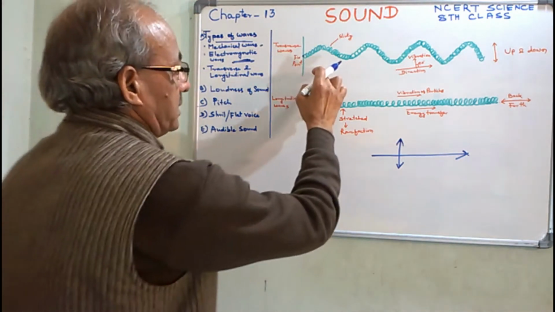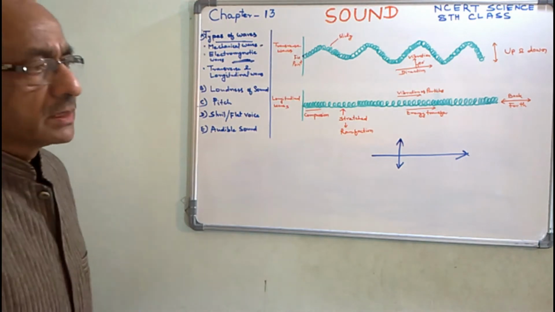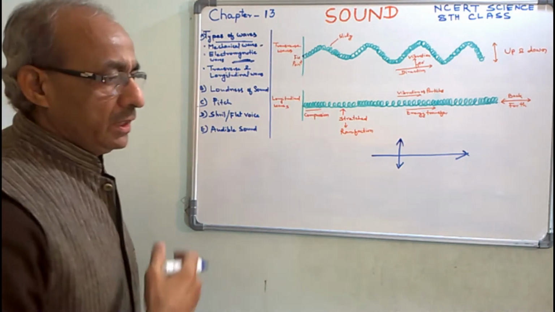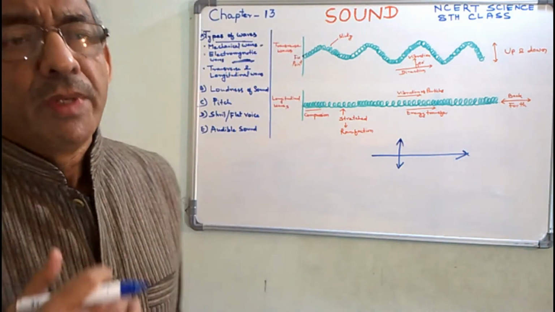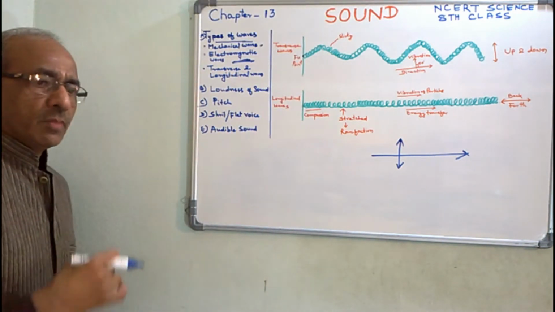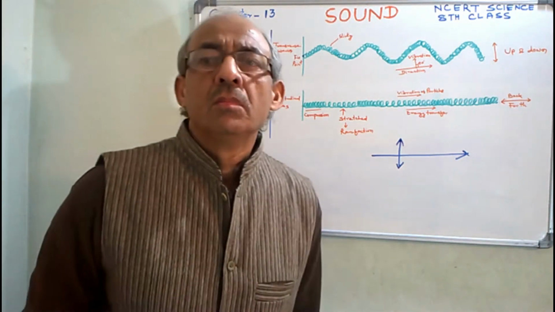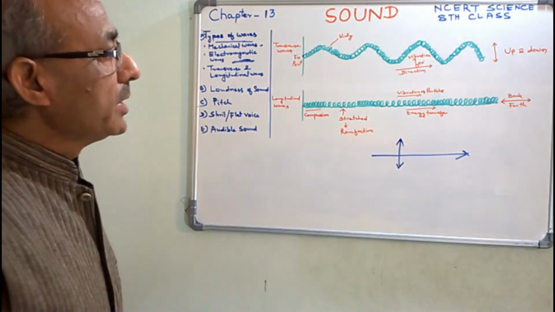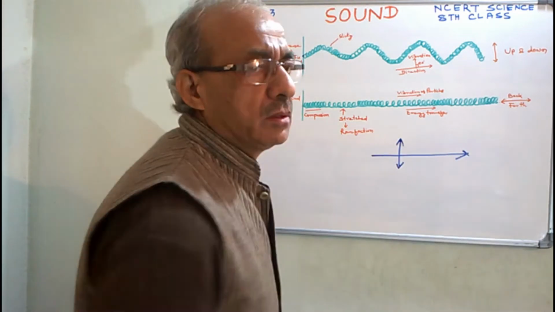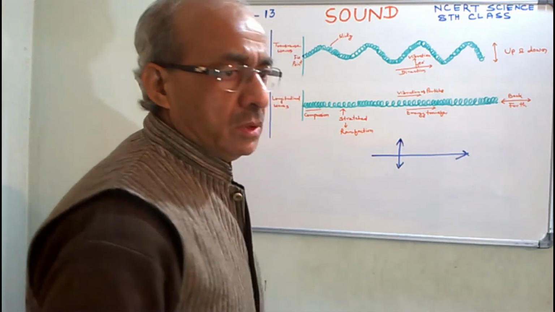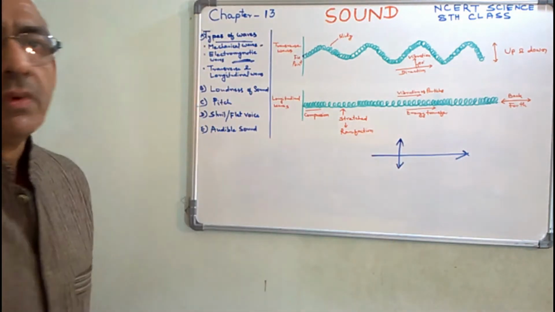So in this case, this is the example of transverse wave. Now we will define the transverse waves. In a transverse wave, the particles of the medium perform to and fro motion in perpendicular directions to the propagation of the vibrating waves.